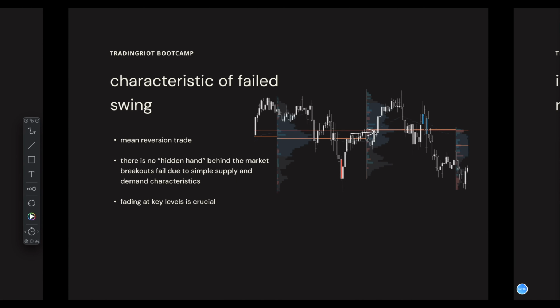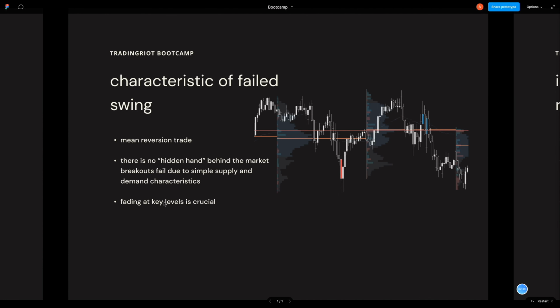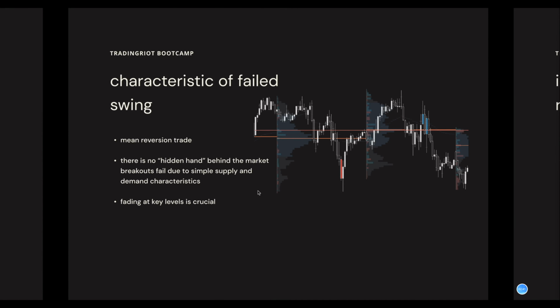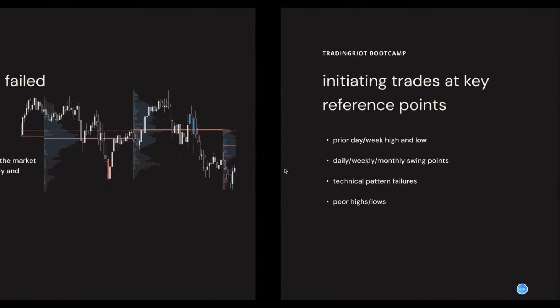You have a small failure here, for example, this candle that failed here. Lots of candles will trade under or above the prior candle's swing point and then just close on the other side. Like I said, it doesn't mean you should be trading all of them. Picking the key ones is the way to do it.